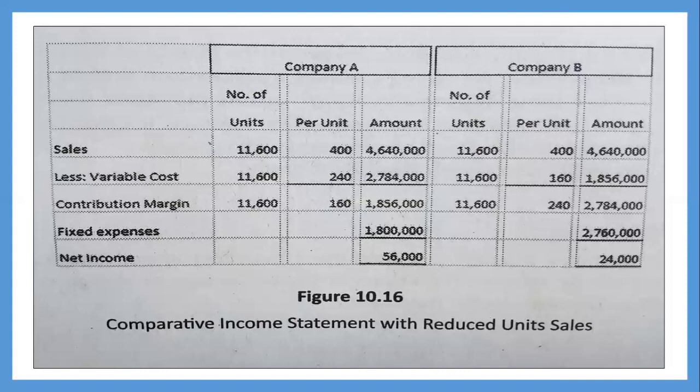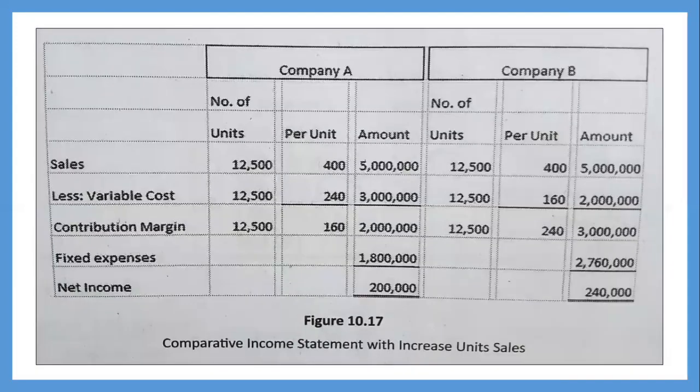So therefore, seeing this result, company B is clearly way more vulnerable to sales reduction because, as you can notice, the resulting value of its net income is only 24,000, and that's because we decreased the unit sales to 11,600 units only.